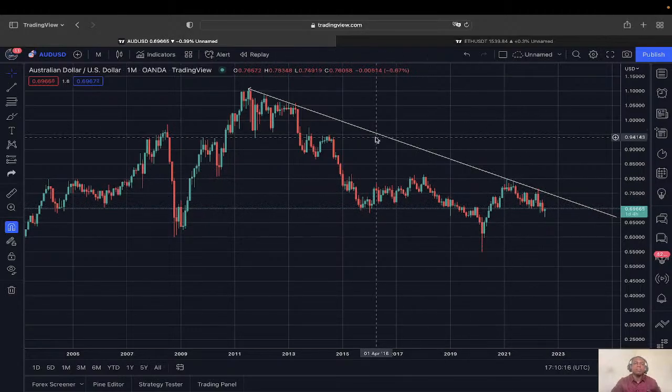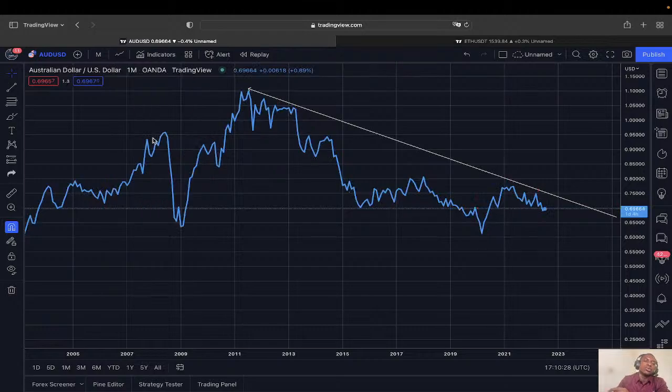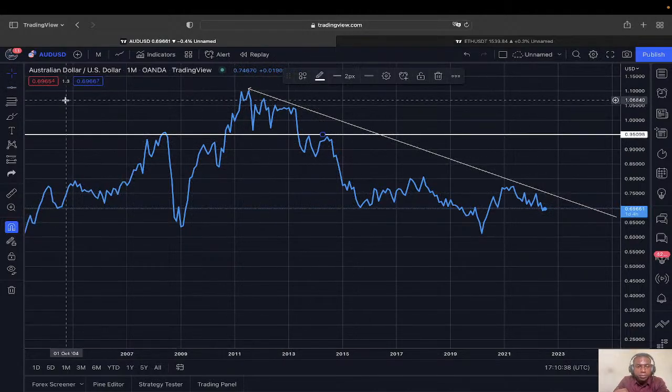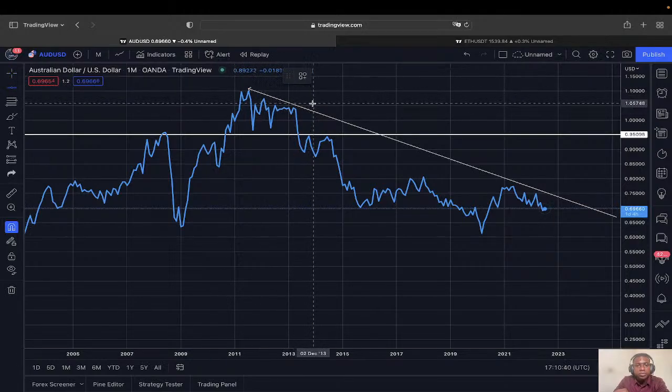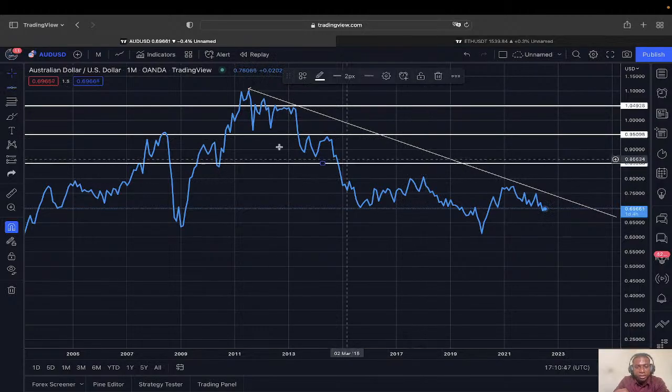Now let's mark out areas of support and resistance. I've told you, if you want to map out areas of support and resistance and see clearly where those areas are located, you can just easily move to the line chart. With the line chart, you can identify those areas of support and resistance.